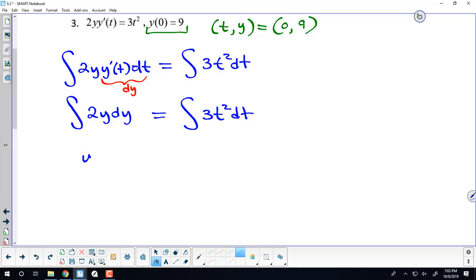So we have y squared equals t cubed plus c.